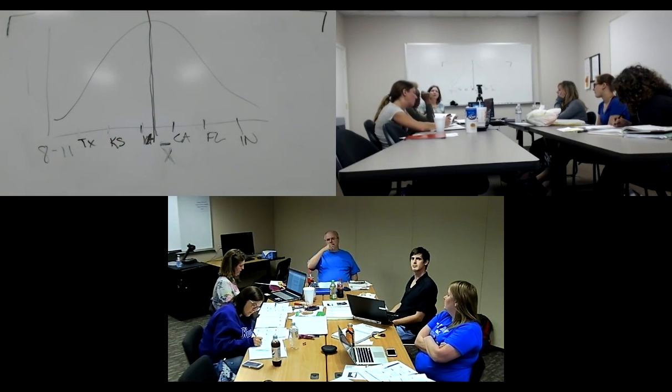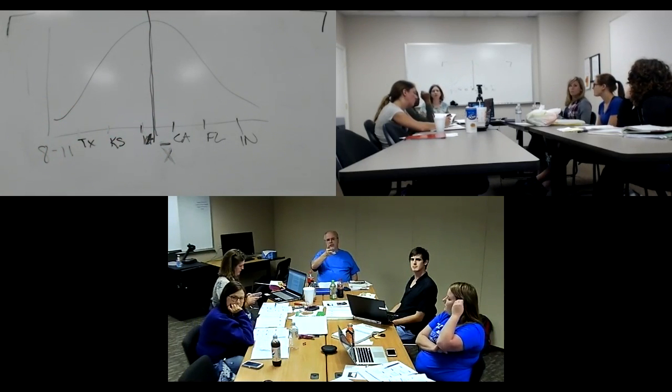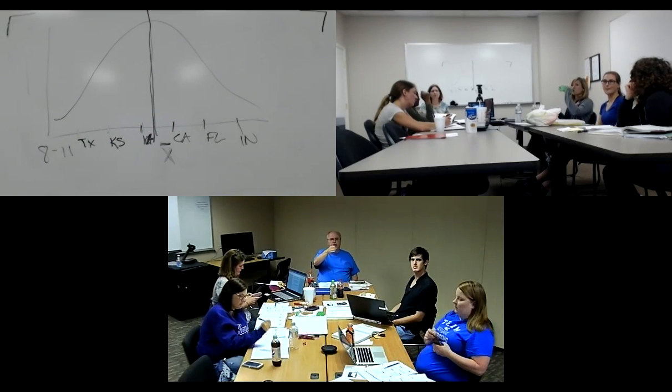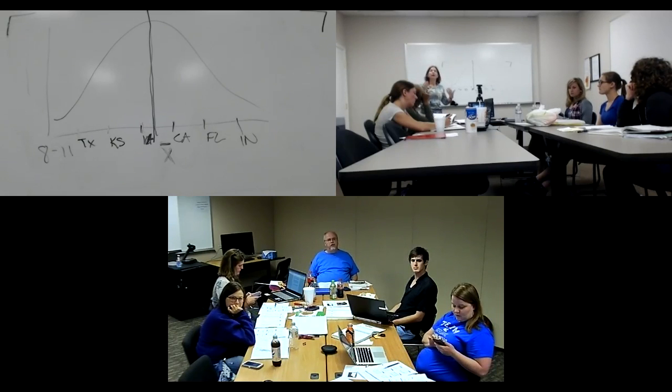Why do you assume that it would be such a bell curve? I mean, it's taking IQs, hopefully they all have about the same IQ. Wouldn't Texas and Kansas and Florida all have the same kind of score? Yes, and they probably would be. That's what we would hope to find, but not necessarily. But we would hope that our range is much smaller.